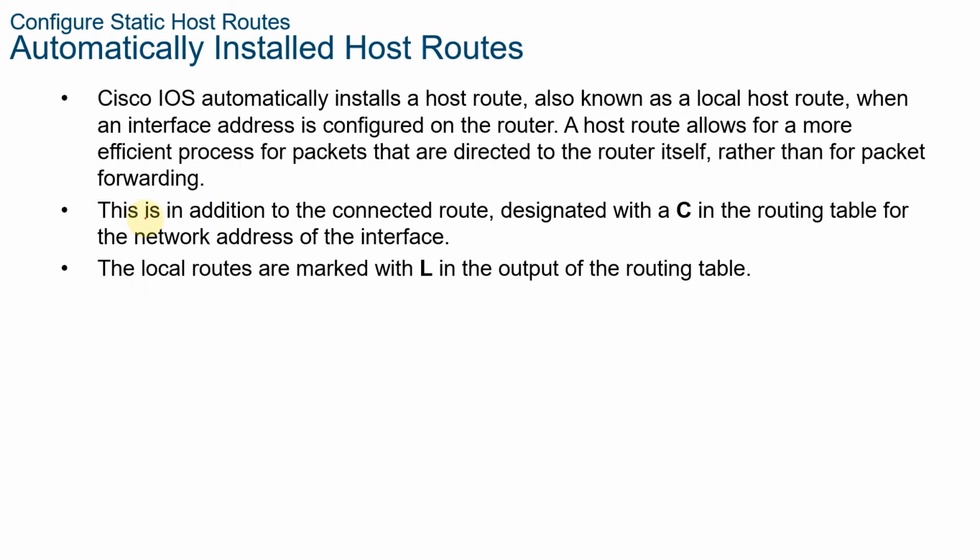When an active interface on a router is configured with an IP address, a local host route is automatically added to the routing table. The local routes are marked with the letter L in the output of the routing table, like what you have seen earlier in the past demonstrations or diagrams.